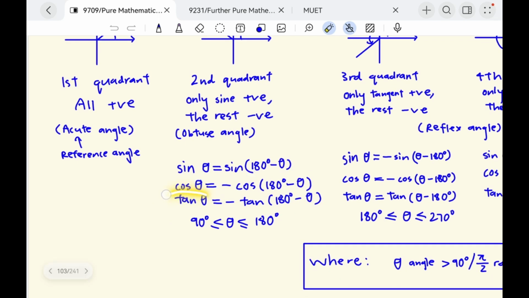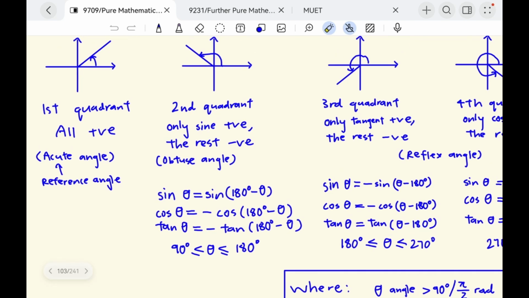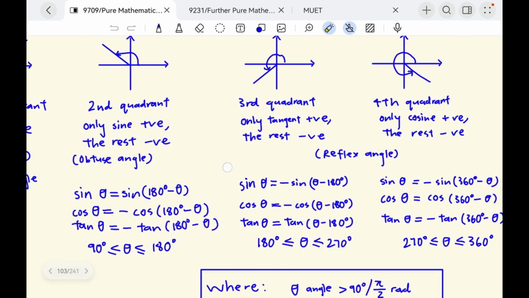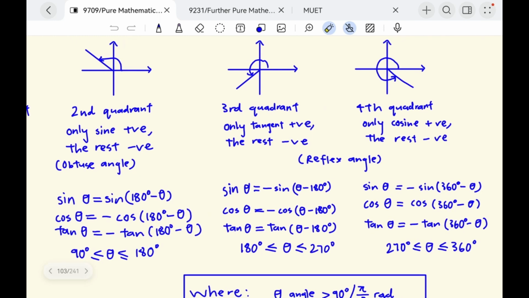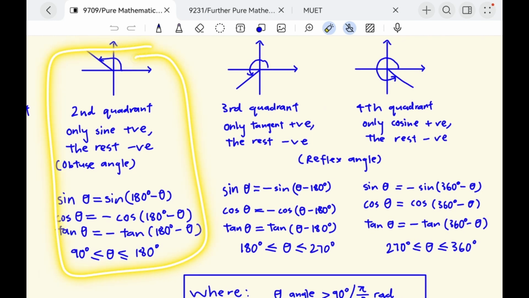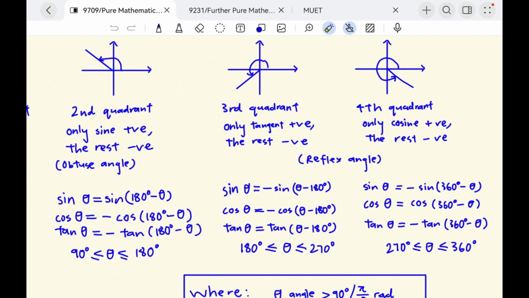What about tangent? Tangent is also negative, of course, following its definition. So this is for the second quadrant. For the third quadrant, sine theta equals sine of theta minus 180 degrees.